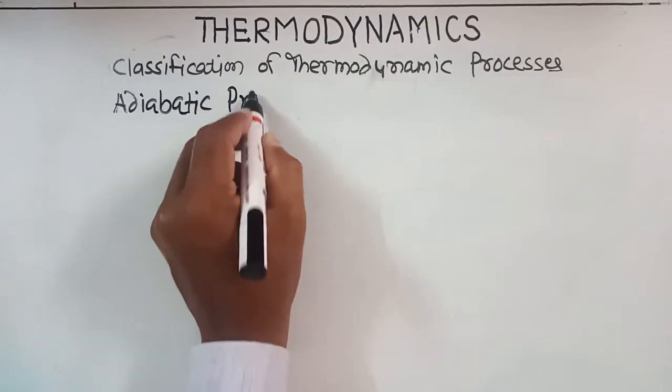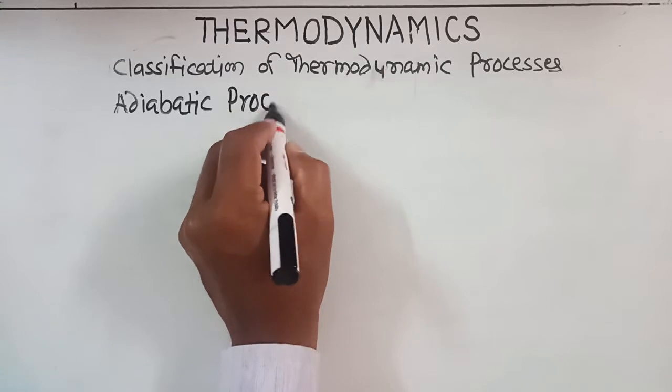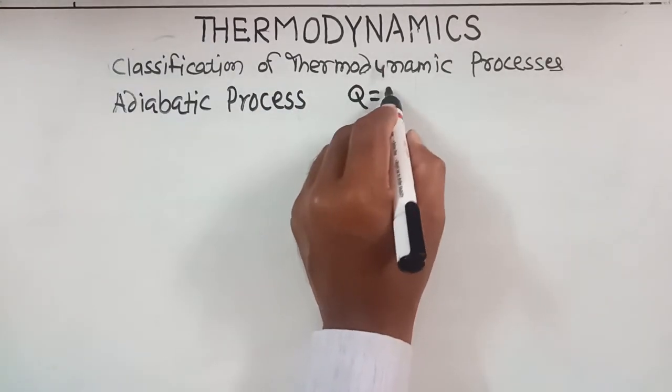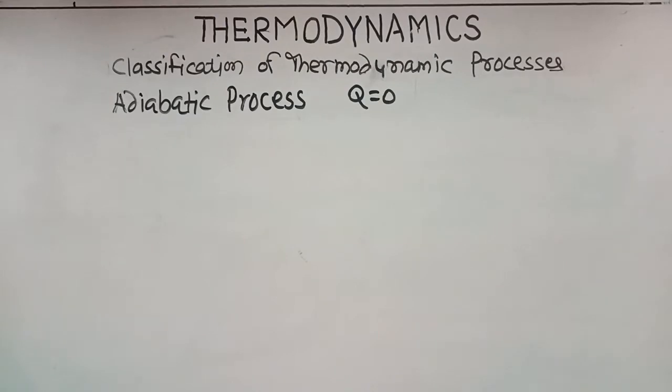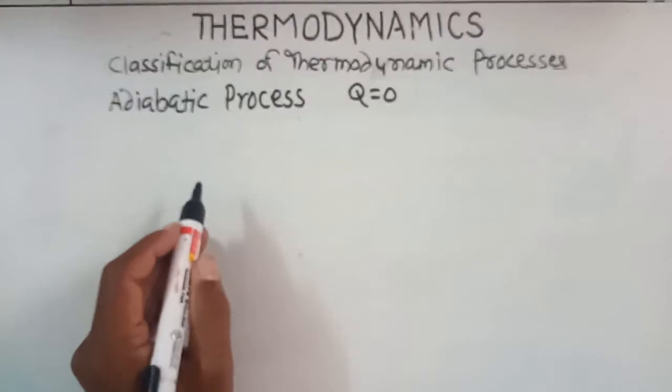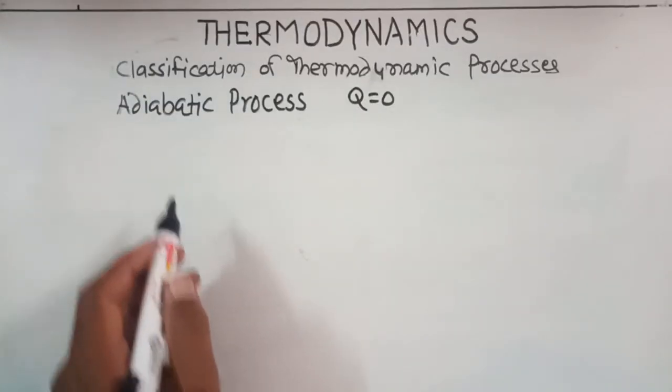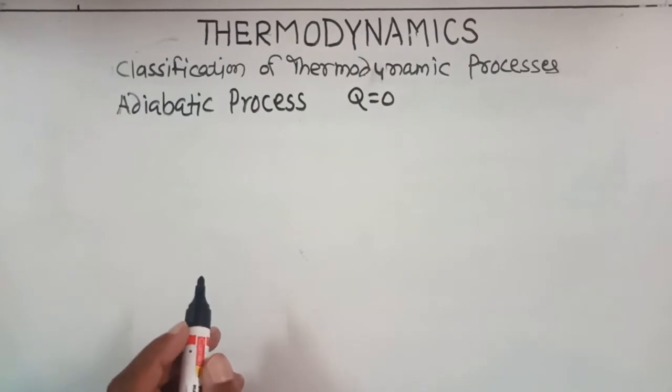In the adiabatic process, the state variable heat is constant. In an adiabatic process, heat does not enter the system or leave the system. Meaning that the cylinder is surrounded by some insulating material.